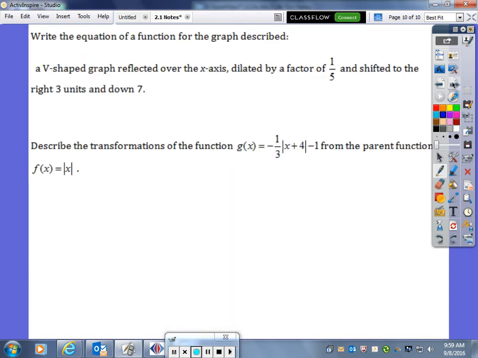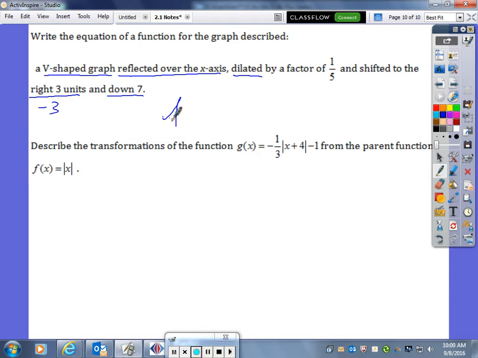Let's do a couple more examples of writing equations. The first one, a V-shaped graph. So that indicates to us we are talking about an absolute value function, is reflected over the x-axis. In other words, it goes down and dilated by a factor of 1/5. And it's also shifted to the right 3 units and down 7. Remember, h shifts to the left and right, but if h is negative, then we go to the right.